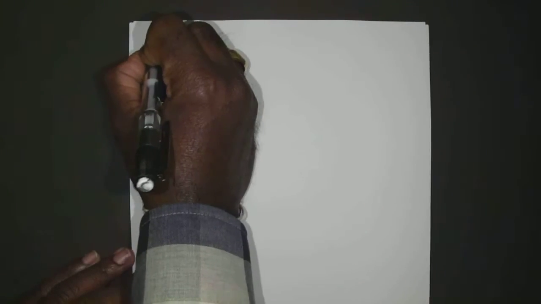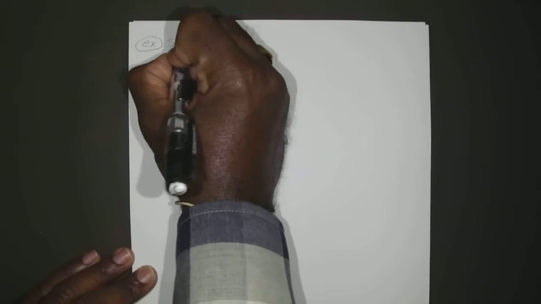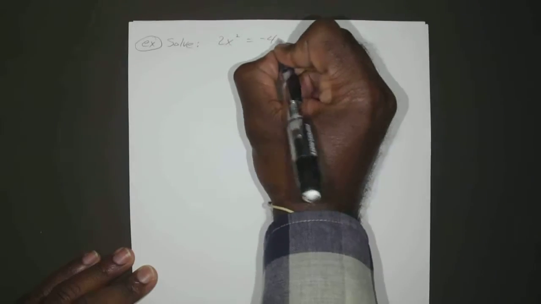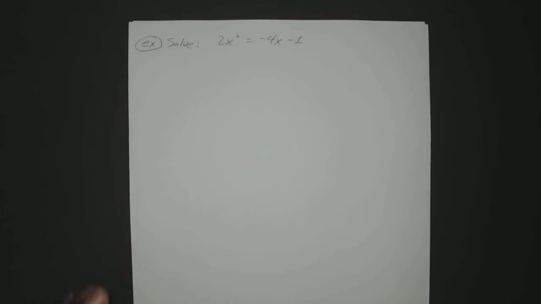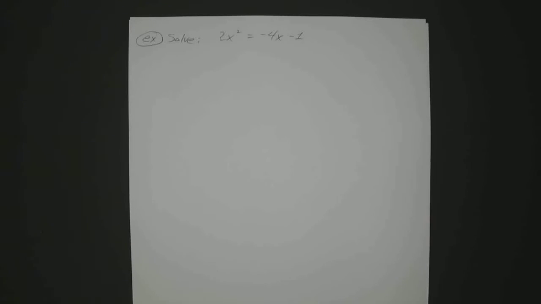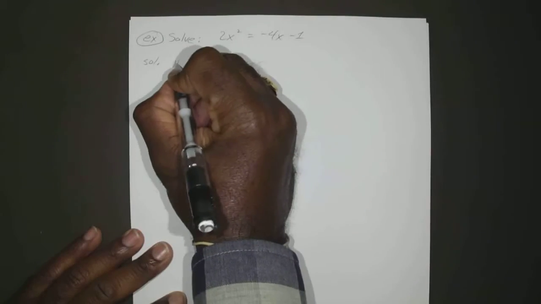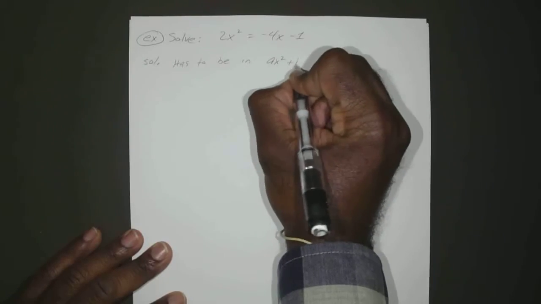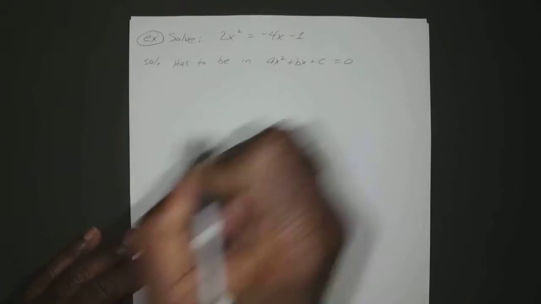Okay, so let's say, for example, we wanted to solve 2x squared equals negative 4x minus 1. Okay. Now remember, it has to be in ax squared plus bx plus c equals 0 form.